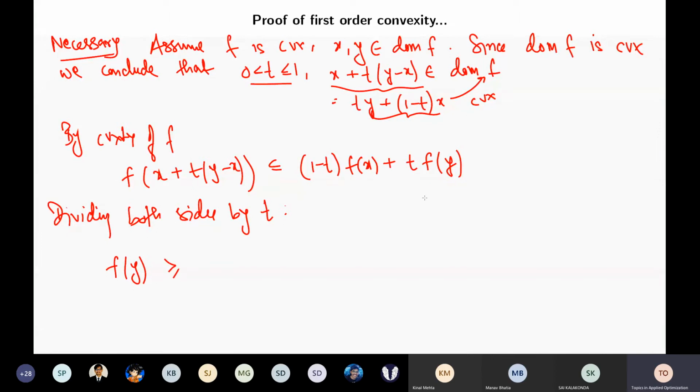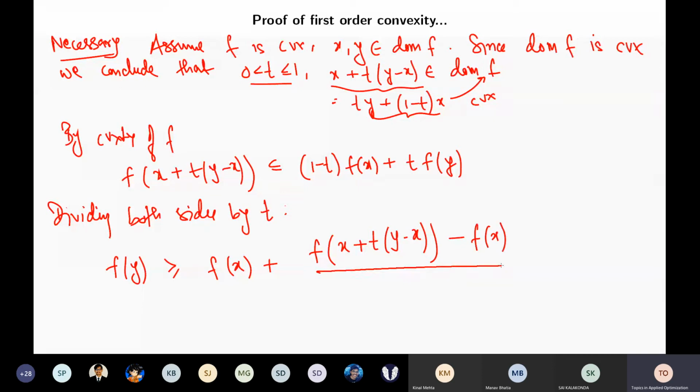So f(y) is greater than or equal to f(x), I send this on the other side, plus (f(x plus t(y minus x)) minus f(x)) by t. Okay, so this is what we have.